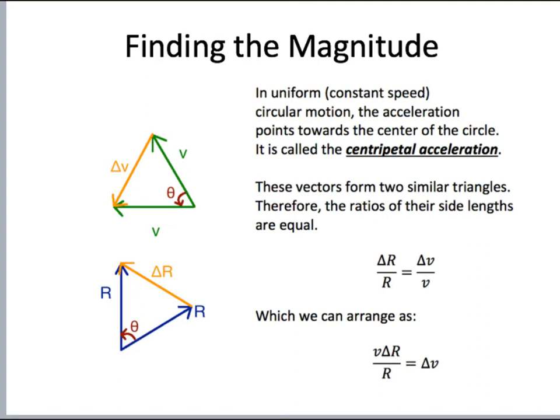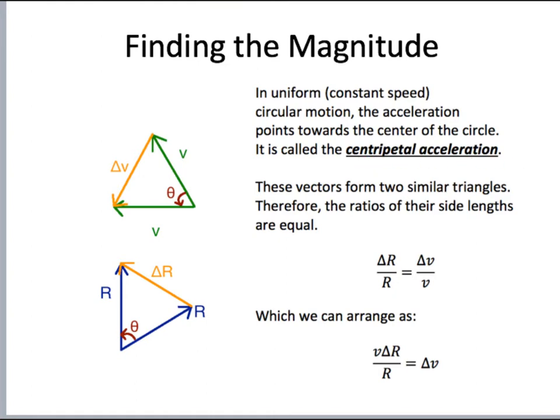So let's recap what we have. We've got these two vector diagrams, which we have shown form similar triangles. Basically, we're looking at this delta V vector, which we know points towards the center of the circle. And so that's going to be related to the acceleration, which is called the centripetal acceleration.